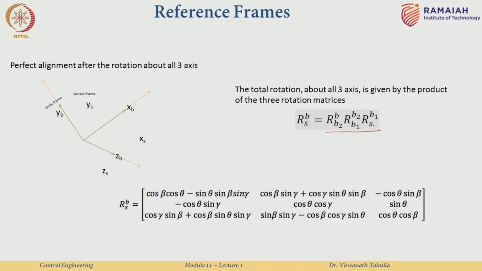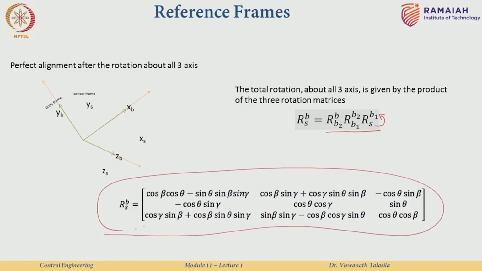Take the three rotation matrices and multiply them in this specific order. On the right hand side, from the sensor frame to body frame 1, that is one rotation matrix, multiply that with body frame 1 to body frame 2, the second rotation matrix, and finally multiply that result with body frame 2 to the actual body frame, the third rotation matrix. You actually do that multiplication and you get this horrible looking expression which you do not need to worry about considering you are an undergraduate student.